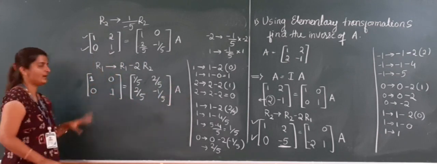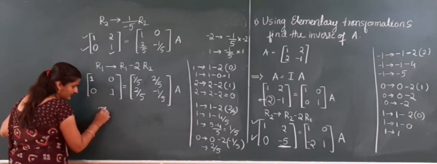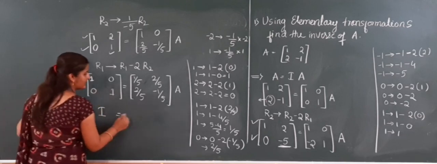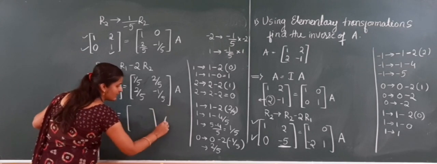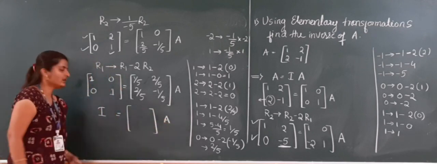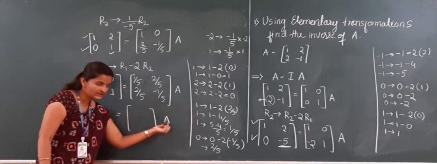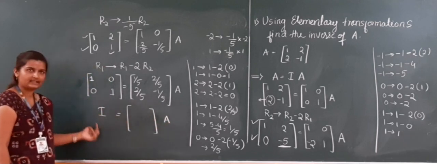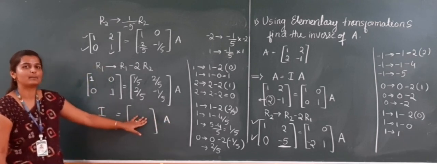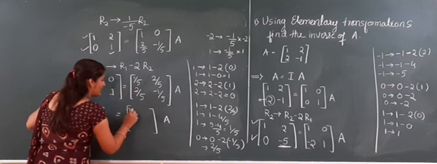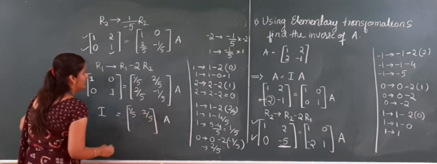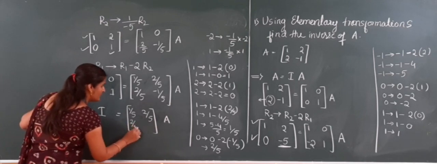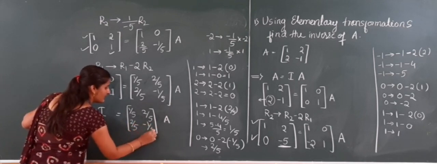So see here what you got. Here I is there, this is the identity matrix. And here you have got the matrix. If you multiply this matrix with the A matrix, you get A. Then this is the inverse of the matrix, that is 1 by 5, 2 by 5, next 2 by 5, minus 1 by 5.